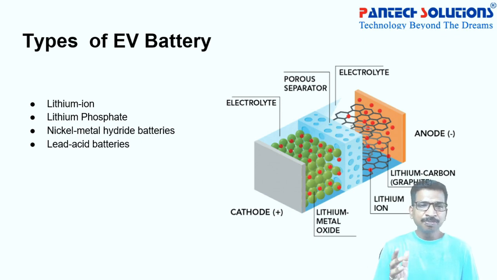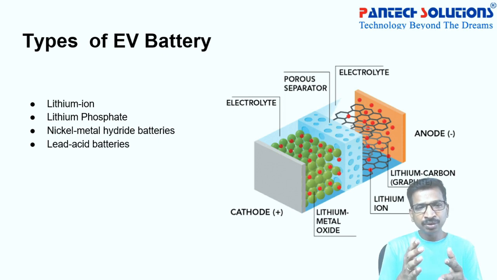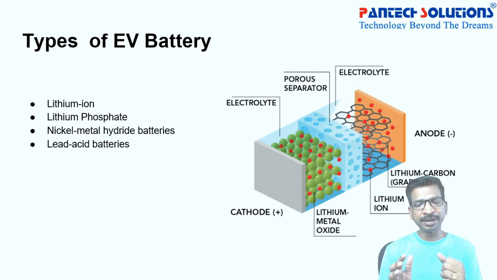The types of batteries widely used in electric vehicle applications are lithium-ion, lithium phosphate, nickel metal hydride batteries, and lead acid batteries. The lead acid batteries are actually for hybrid vehicles, and for battery EVs small applications we can use them. As a main battery, lithium ion or lithium phosphate will give you excellent performance for EV applications.